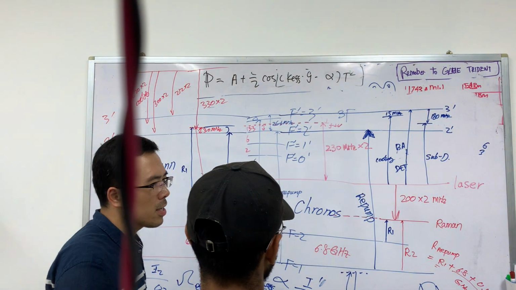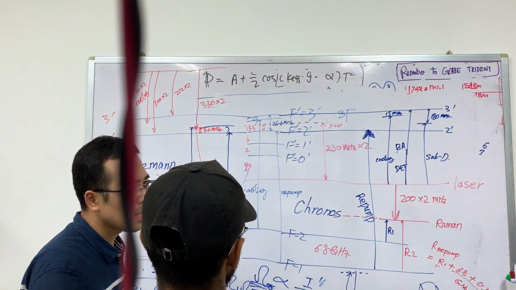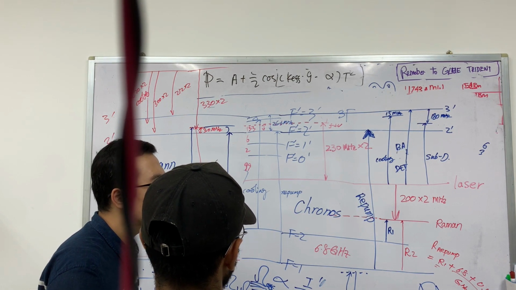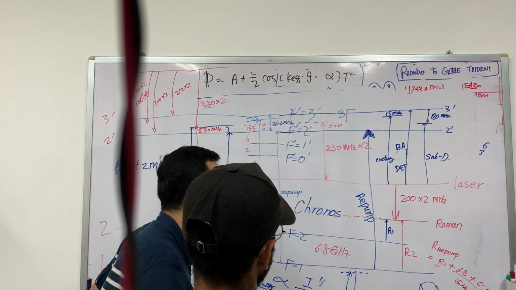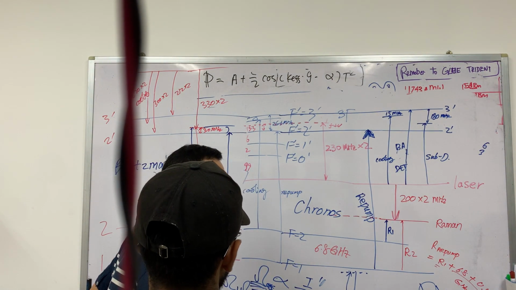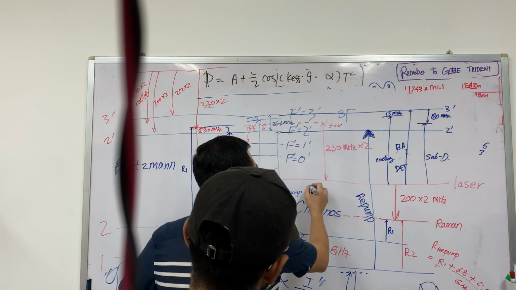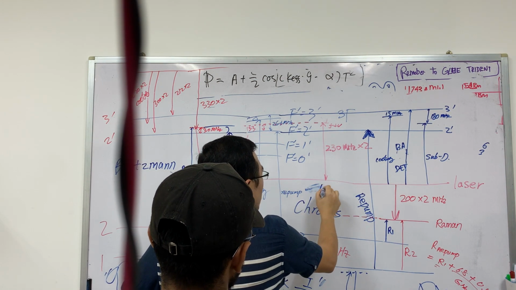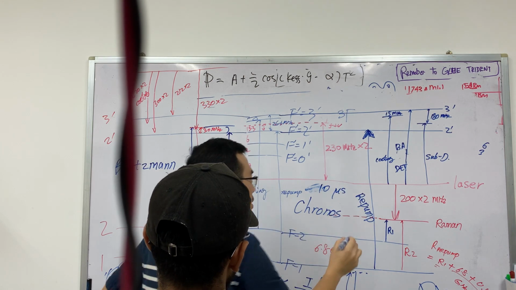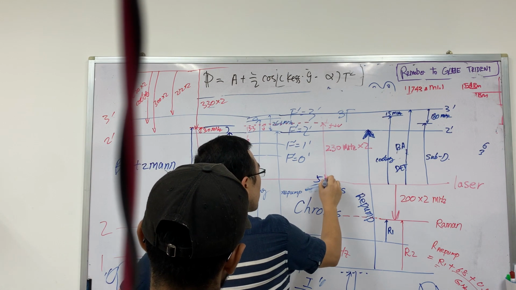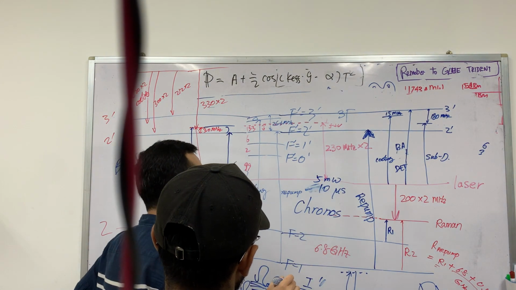Any thoughts? Any further? It's our pulse duration. Yes, it doesn't matter because you have tons of power. Now you can get, let's say, 10 microseconds with power of 5 milliwatt, right?